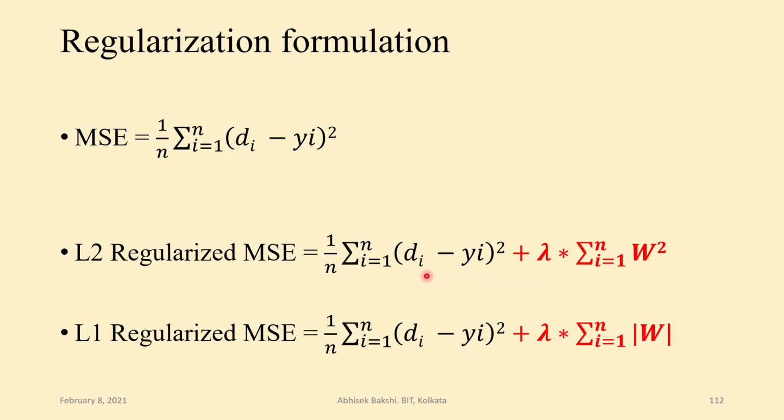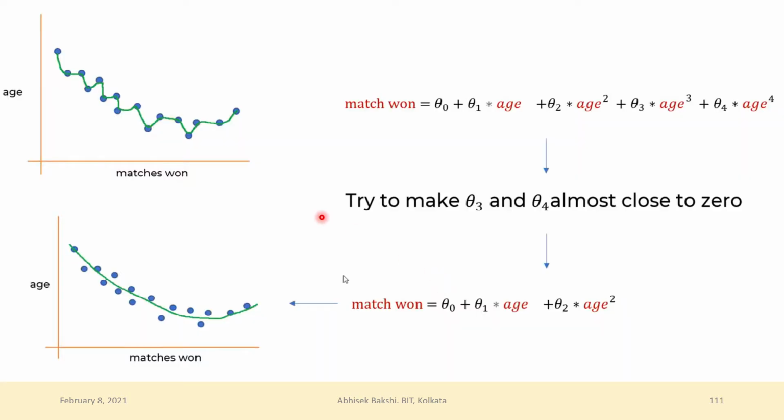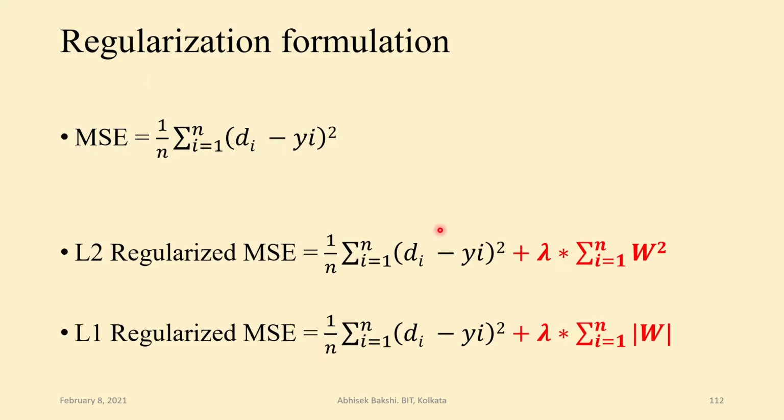So although this di minus yi will show no error in that situation, due to the w's, some high value of theta 3 and theta 4, this will not become 0. That means the error will not become zero and you can continue the learning.